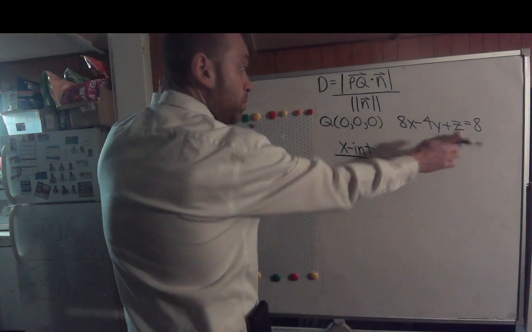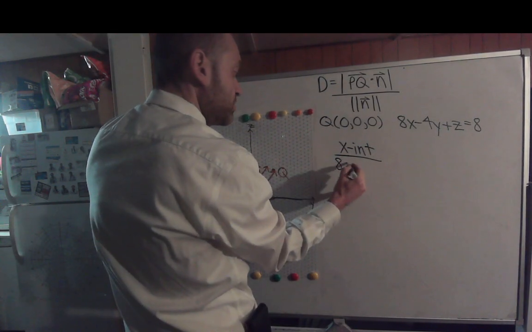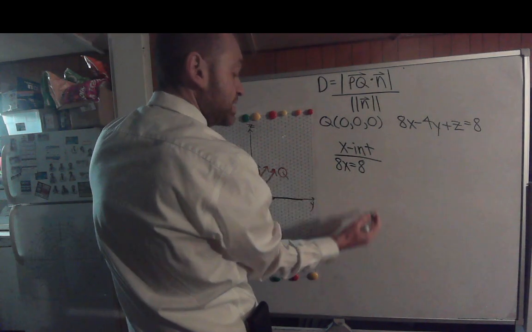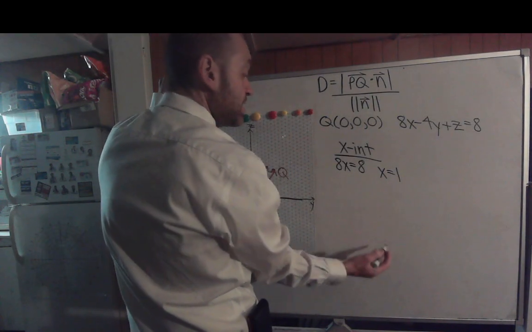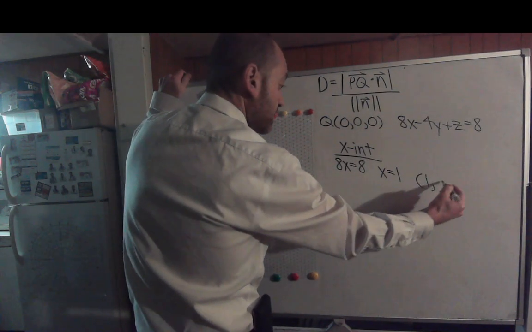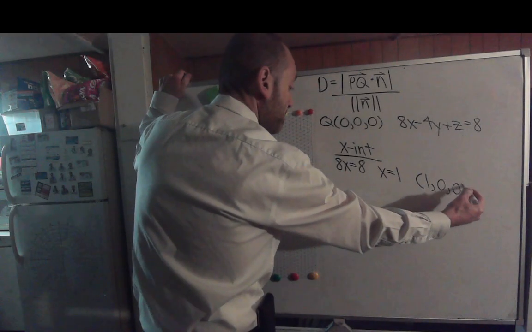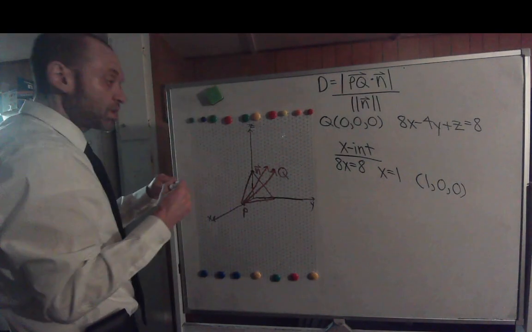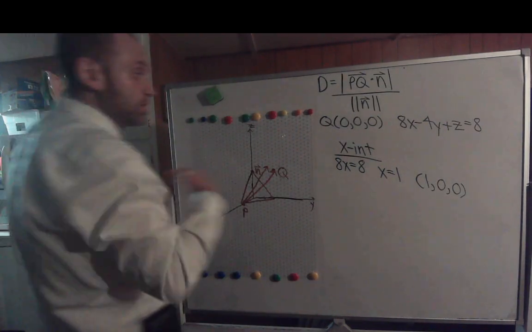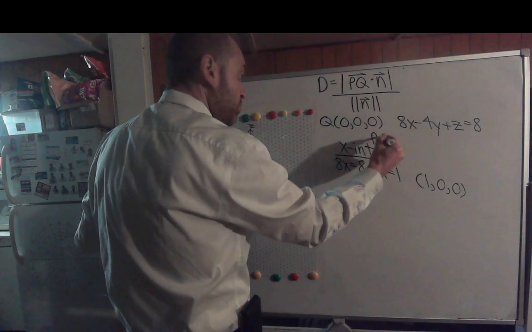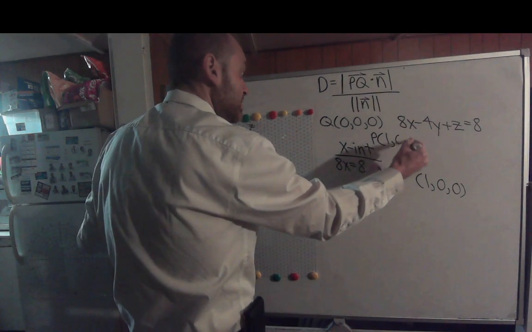That means we set y and z equal to 0. So you'll get 8x equals 8, which would give you x equals 1. So the x-intercept is at 1, 0, 0. Alright, so there is your x-intercept. So now we can call that point P at 1, 0, 0.